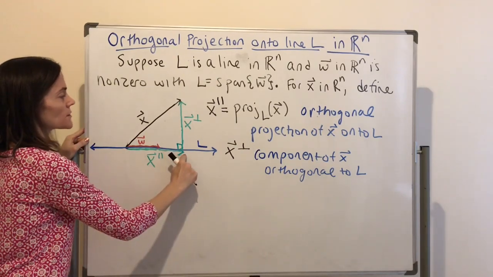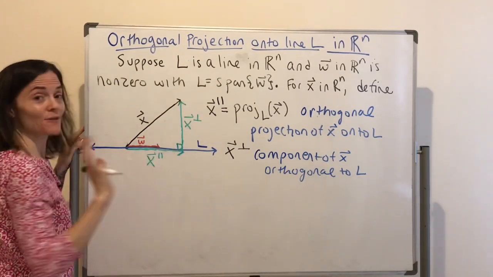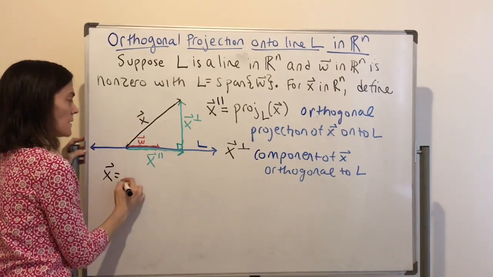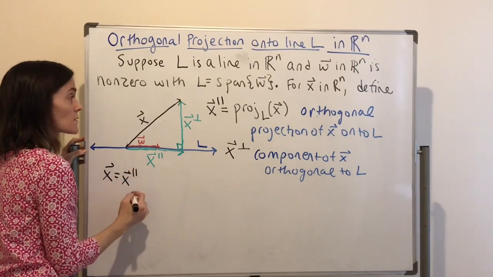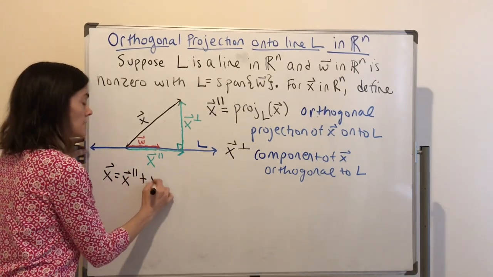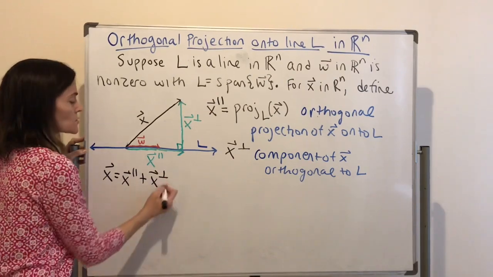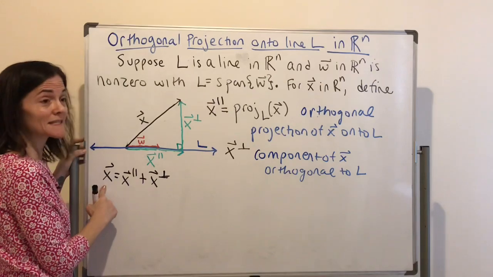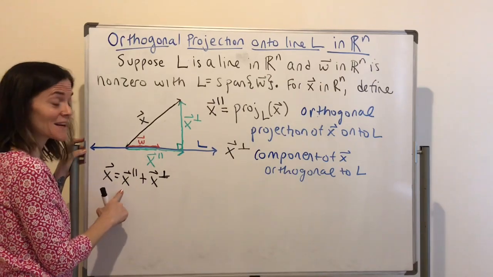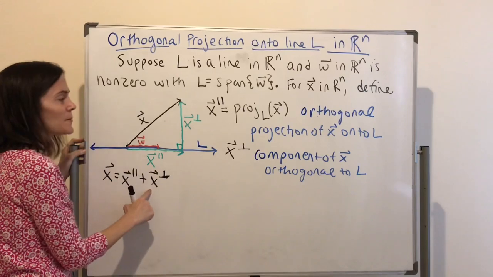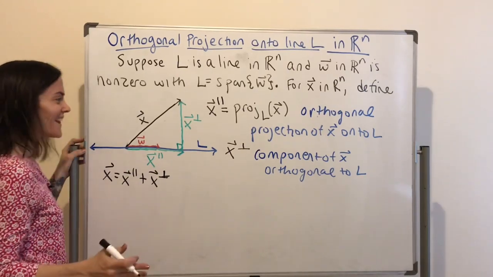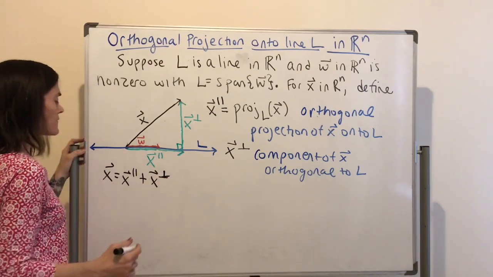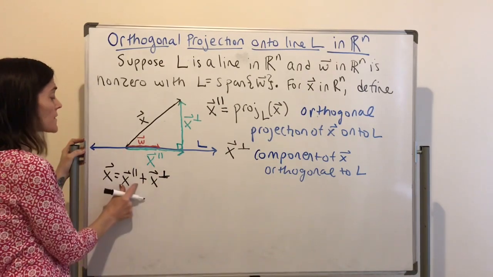If we take this vector plus this vector, triangle rule, that is here. So this is the orthogonal projection plus this vector. And there's only one way to write it. This will be a unique decomposition into an orthogonal projection of x onto L plus the component of x orthogonal to L. Okay, it's a lot of words, but now let's find a formula for this.